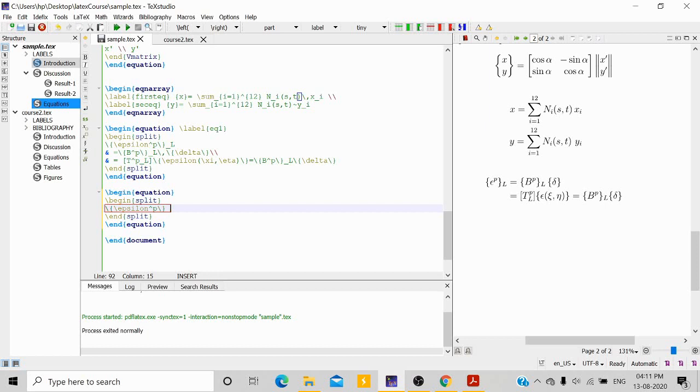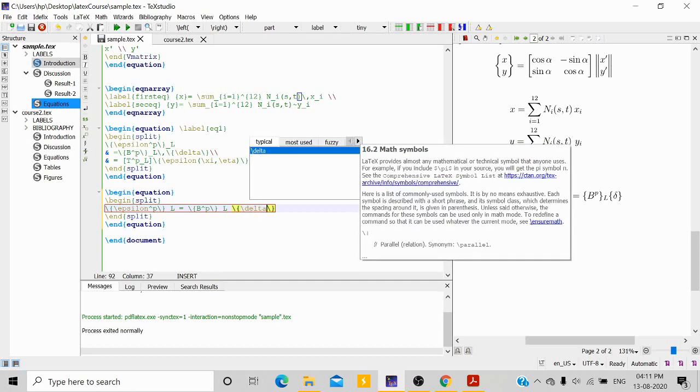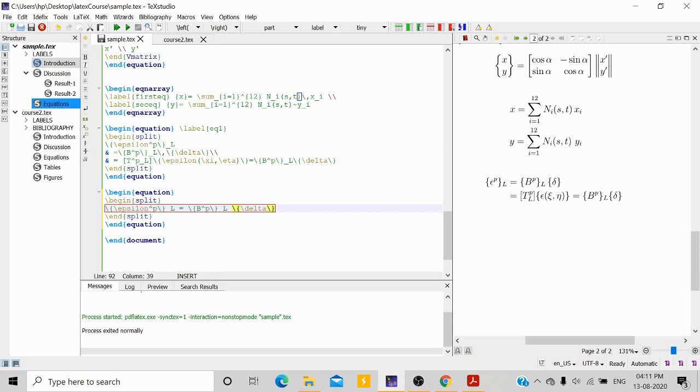After the bracket I'm going to put underscore L is equal to, again braces B to the power P you have to put, and L has to be outside again. Then delta, you have to use delta using the backslash so that it will be a command. So this is the first equation I have written.